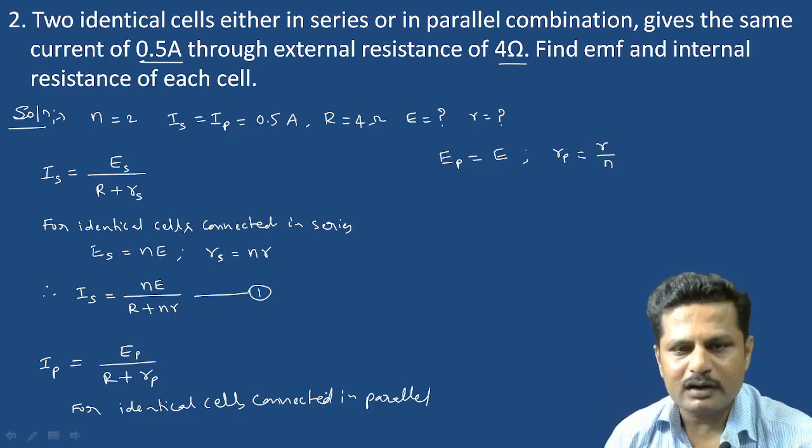So for identical cells connected in parallel, we can write E_P equals E and R_P equals r divided by n.